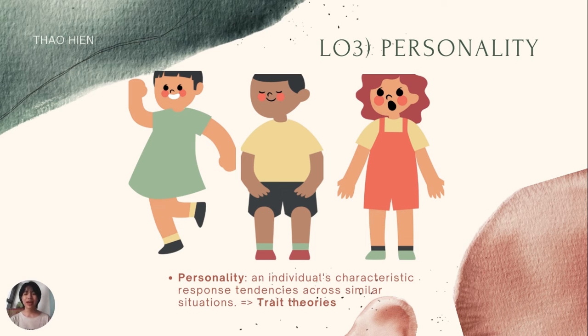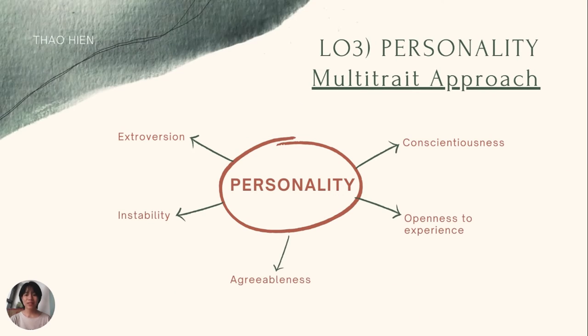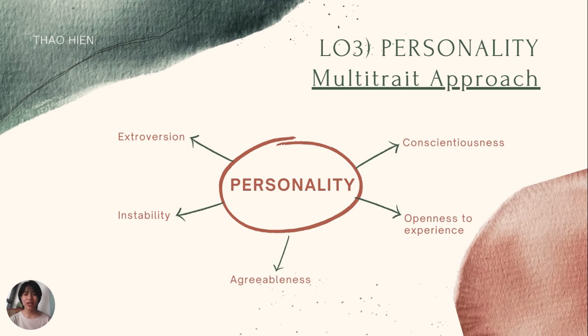In order to get a picture of personalities, which is a broad aspect, we have trait theories. There are many of them, and generally they agree that the traits are inherited or formed at an early age. However, there is one way that they differ: the characteristics that they state as important. One of these is the multi-trait approach.